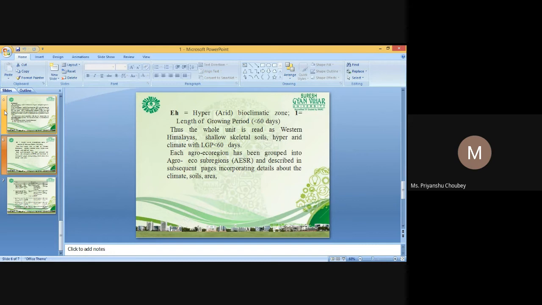Each agro-ecological region has been grouped into an agro-ecological sub-region (AESR) and described in subsequent pages, incorporating details about the climate, soil, and area.